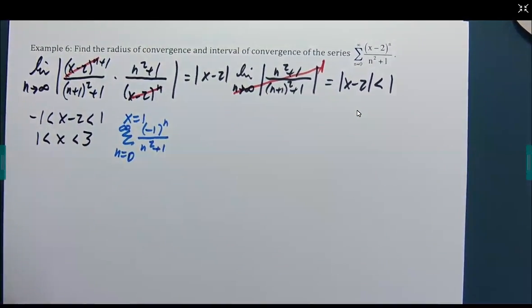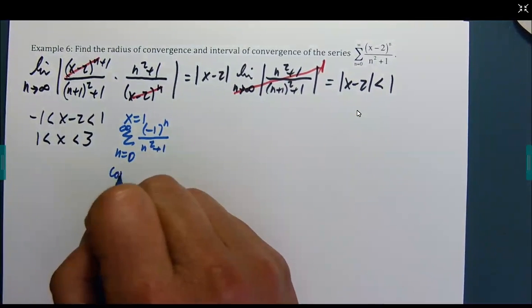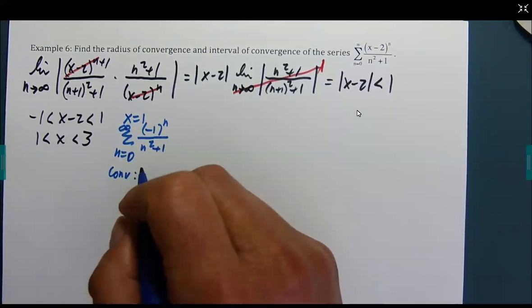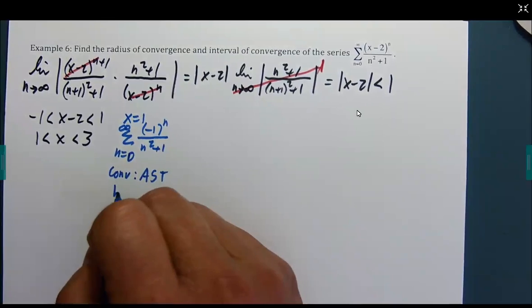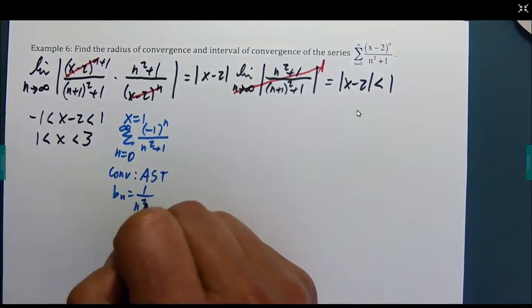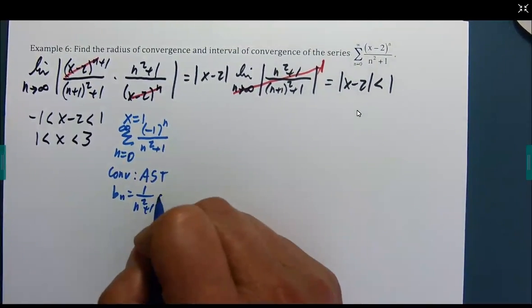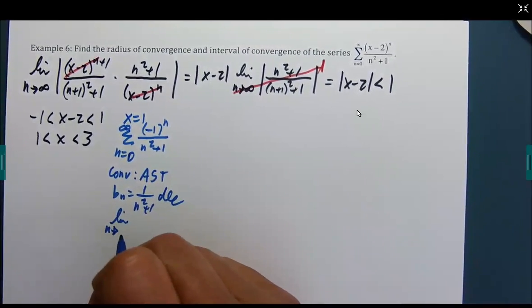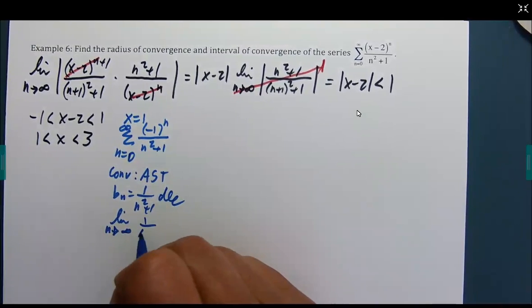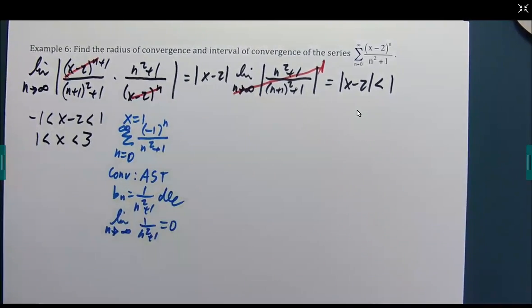And that is going to converge. And that converges because of the alternating series test, where b sub n is 1 over n squared plus 1, which is decreasing, and the limit is 0. So we're going to include 1.